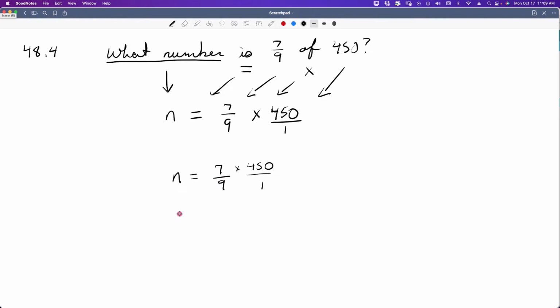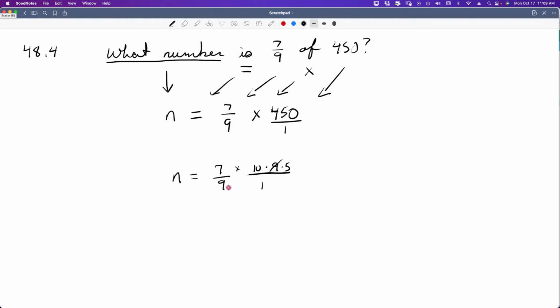I'm going to rewrite 450, because 450 is the same thing as 45 times 10, right? So that's 10 times 45. 45 is the same thing as 9 times 5.